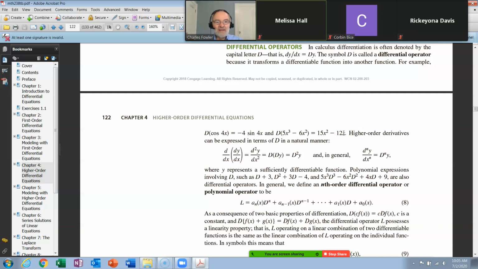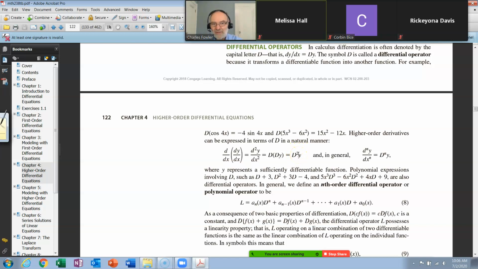The higher order derivatives can be expressed in terms of that D operator also, because d2y dx squared actually means d by dx of d by dx of y. So here you have two d by dx's of y, that's D squared of y, that's how they write it.